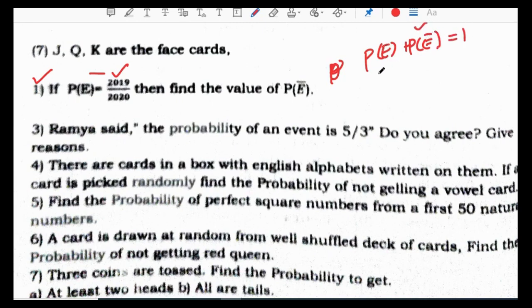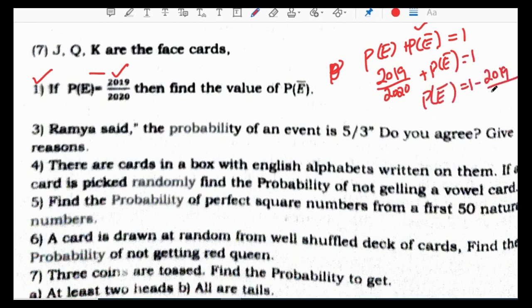So P(E) is 2019/2020, plus P(not E) is equal to 1. So P(not E) is equal to 1 minus 2019/2020. Doing cross multiplication, 2020 into 1 is 2020, minus 2019, is 1/2020. So the probability of not E is 1/2020.